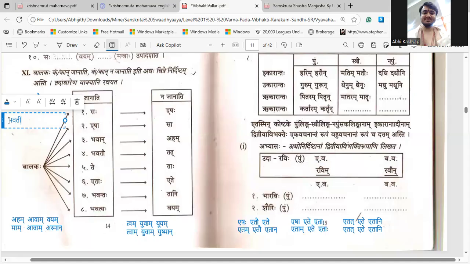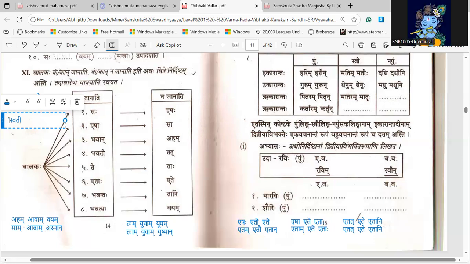The only difference is that the ikara is dirgha over here. Dvivachana, any idea? Sorry, I mean Prathama Vibhakti, not Tritiya. Bhavati.